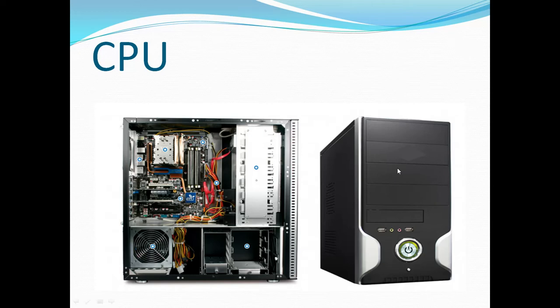This is the cabinet, and there are SMPS, motherboard, hard disk, processor. We will discuss the CPU briefly in the next class. Now I am telling you just the outside of the CPU. CPU means the central processing unit.